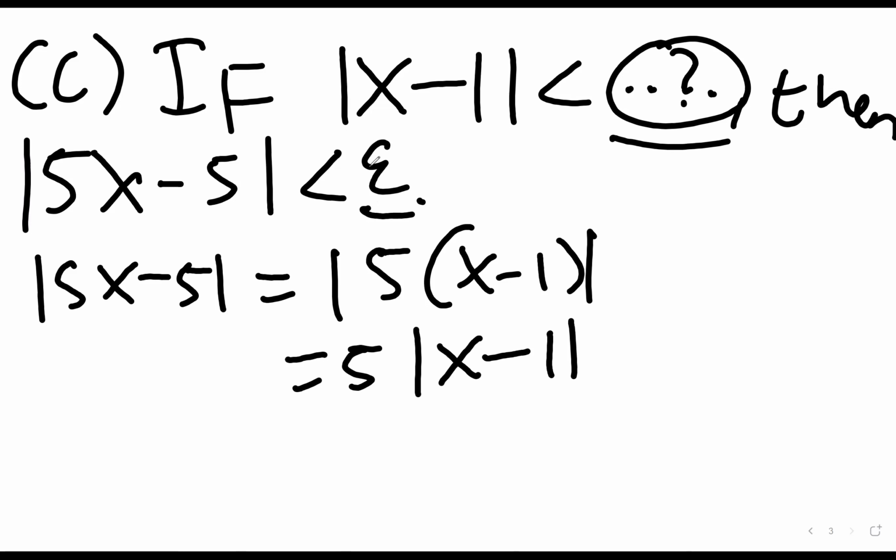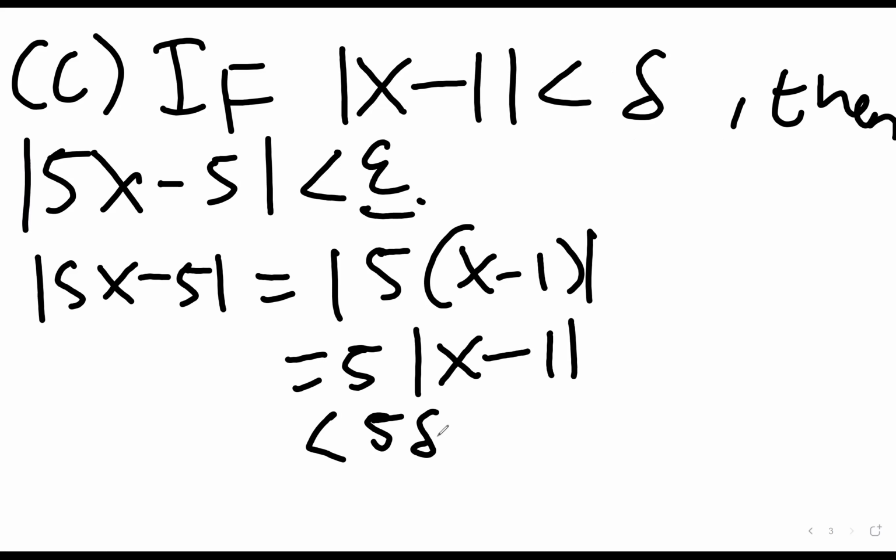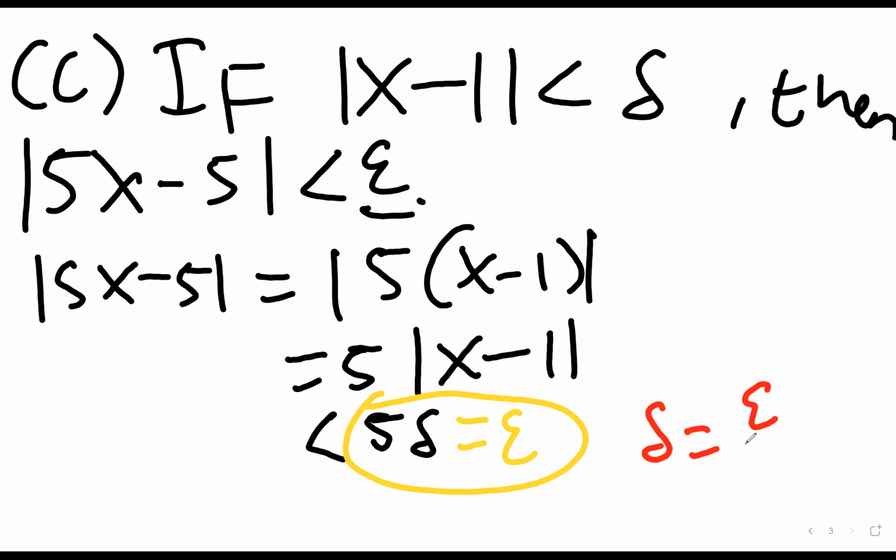So let us write this as a delta. Then I should have 5 delta, and I want 5 delta to equal epsilon here. So in order to have epsilon, the choice of delta will be epsilon over 5.